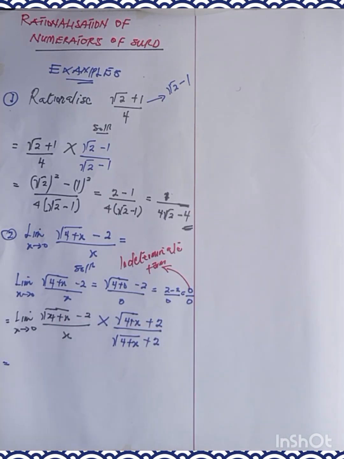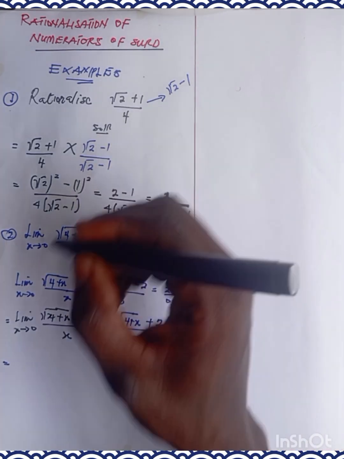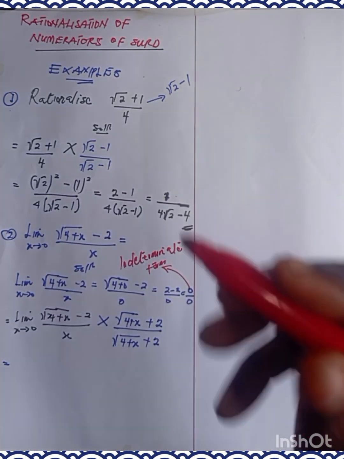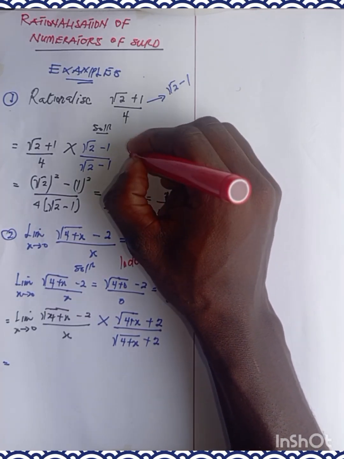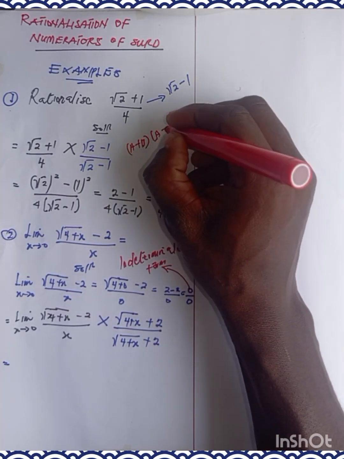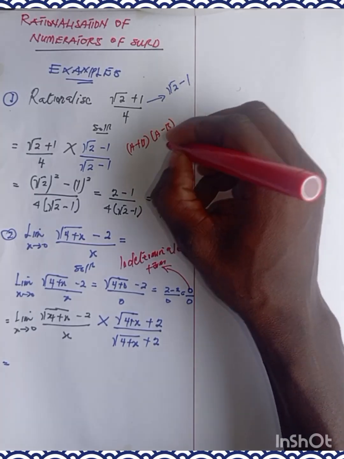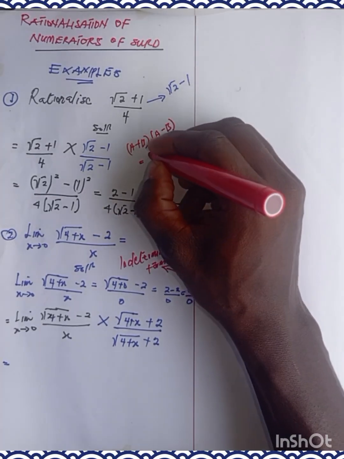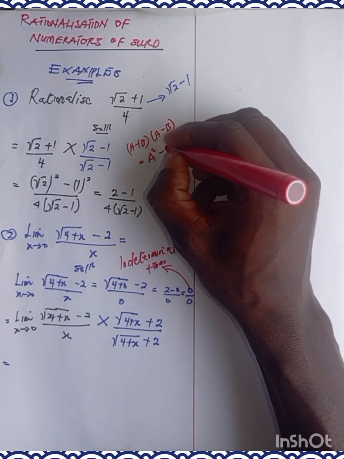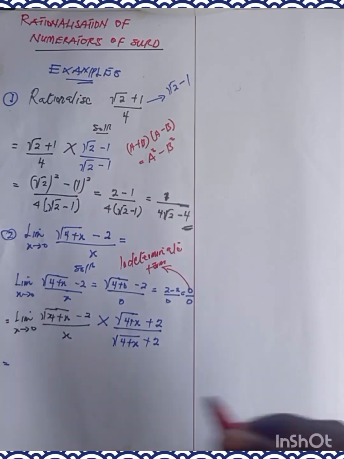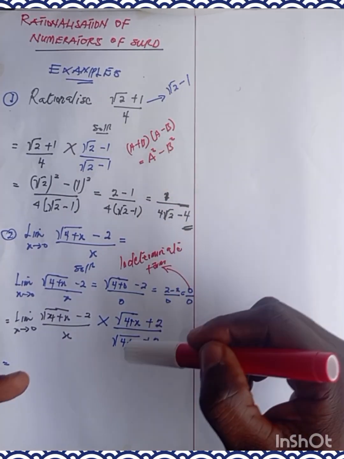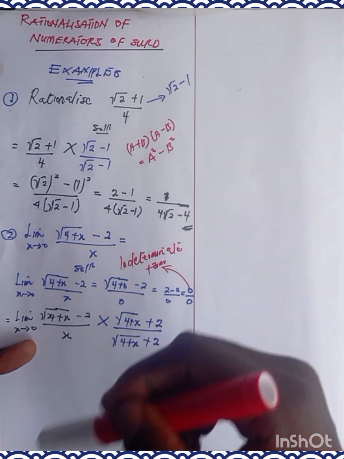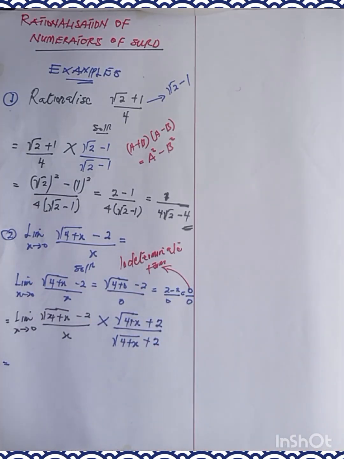So when we are having a plus b, a minus b, you simply have to square this and then square that and then simplify. You are good to go.